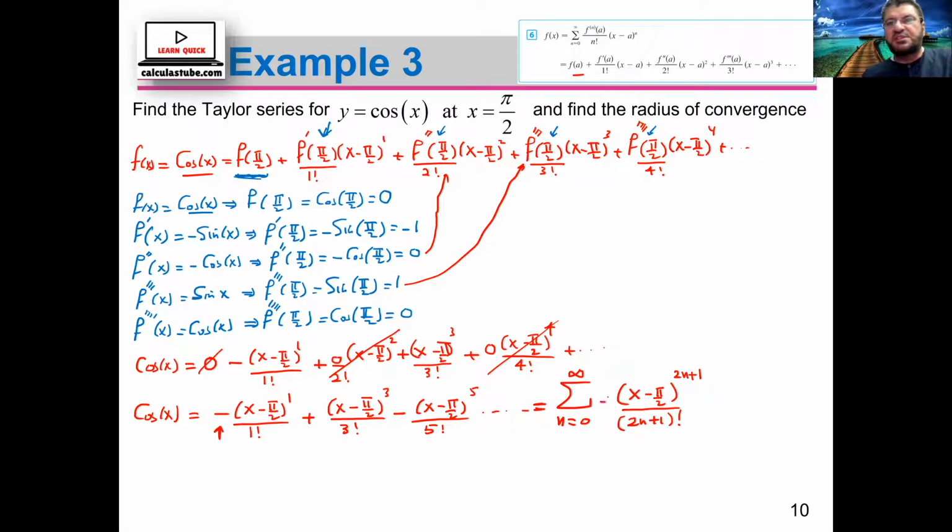So let's start with minus 1 to the n. If I put 0 here, -1 to the 0 as a first term, we get positive, but the first one has to be negative. So either I subtract 1 or add 1, it doesn't matter. So I'm going to say this is n plus 1. So it's -1 to the n plus 1. And this is the final presentation of cosine x, guys, around x equal pi over 2. Right? So this is how you present your functions using Taylor series.